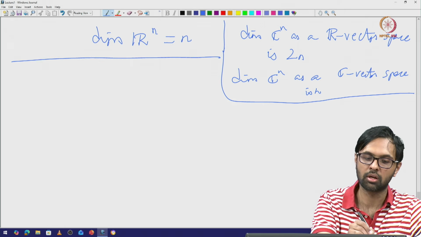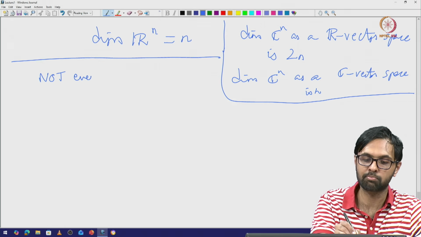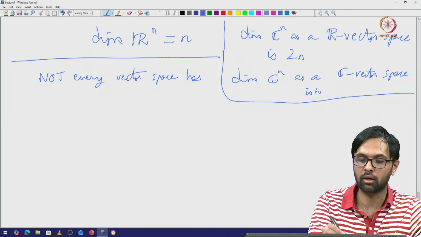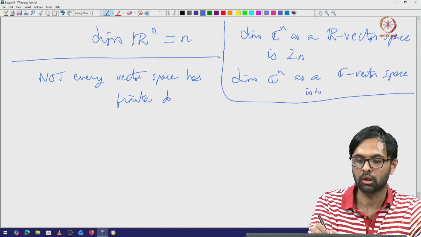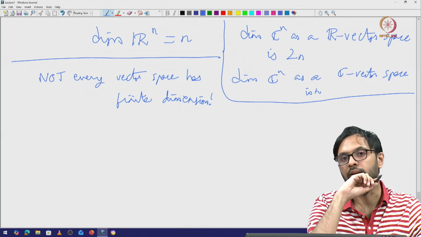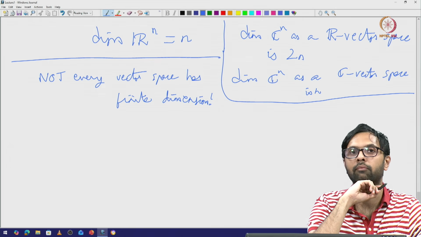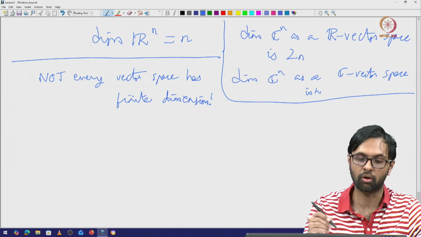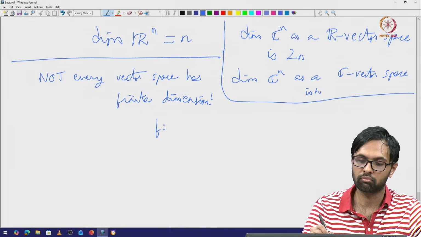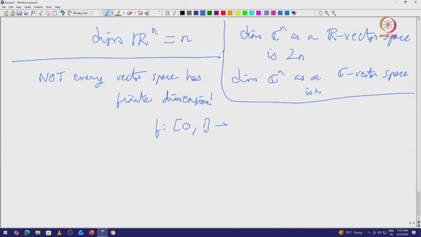Another important point is that not every vector space has finite dimension. Can you come up with an example of a vector space that does not have finite dimension? Well, for example, if I take continuous functions from [0, 1] to R, this does not have finite dimension. Why?